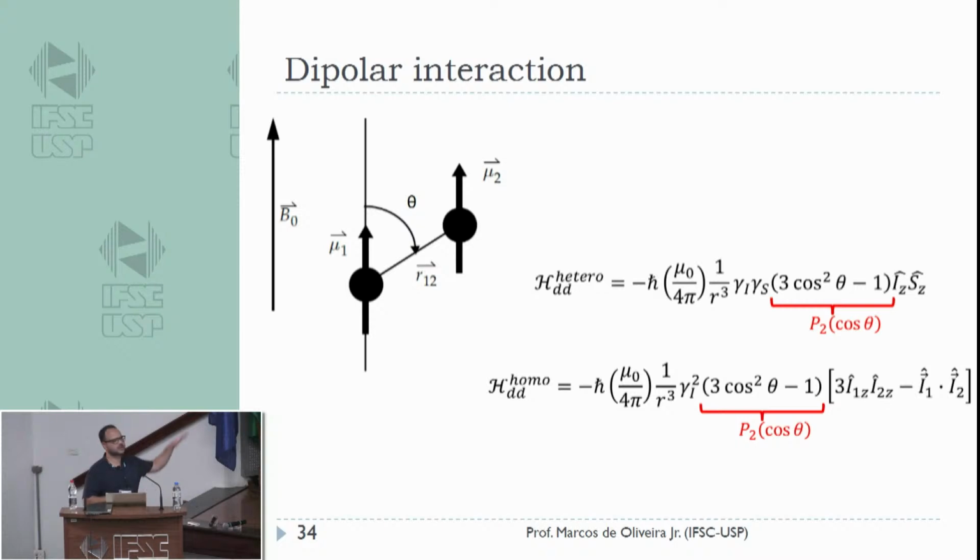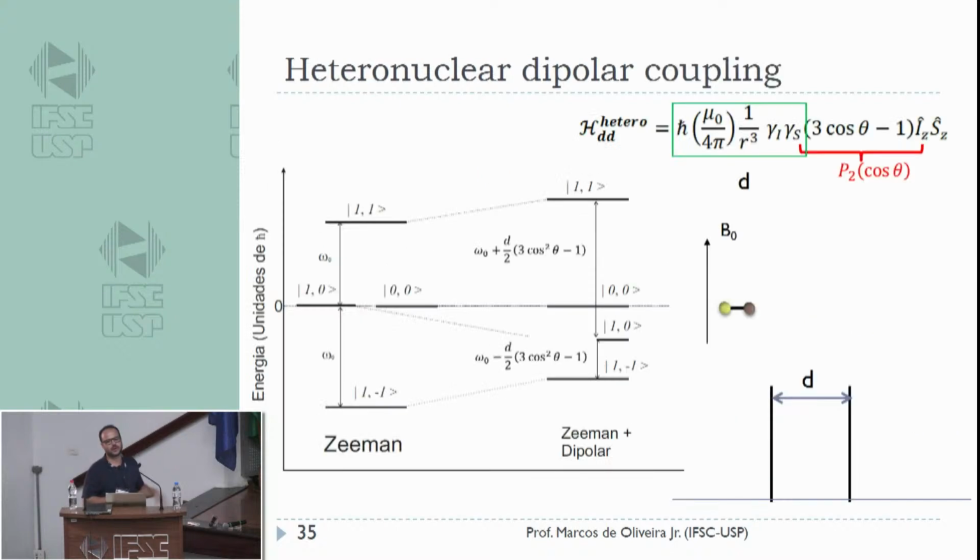Keep this dependence in mind. It's the second Legendre polynomial. And this term here is named flip-flop. This is the main difference between heteronuclear interaction and homonuclear interaction. I'll treat only the heteronuclear interaction. I'll leave the homonuclear interaction for another lecture, because it's not the most important one for glasses.